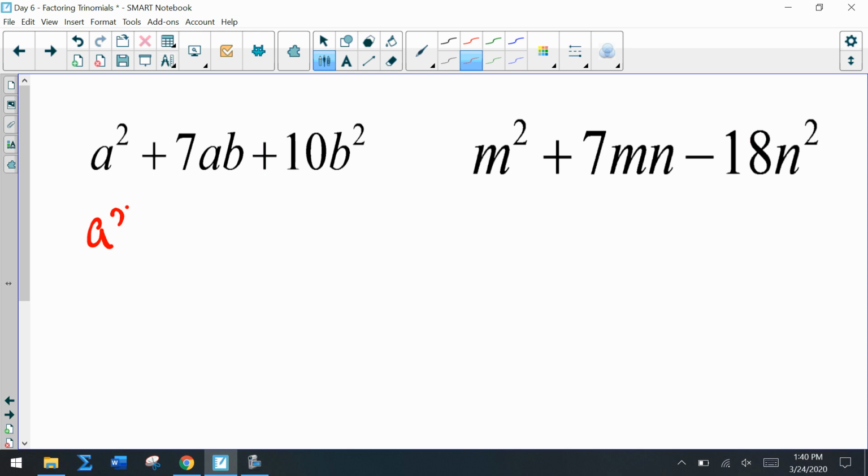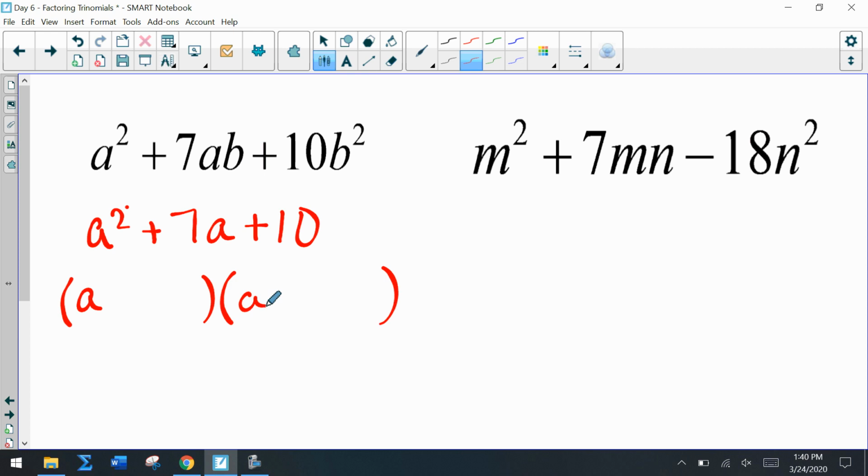And I wrote it as a squared plus 7a plus 10. When we would factor that, we would say, all right, a times a, and then factors of 10 that add up to 7. Let's think about those. 5 and 2, so plus 5 and plus 2.